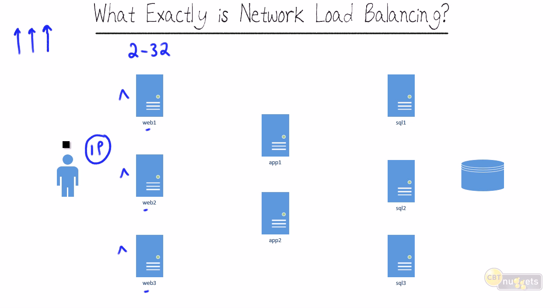So as far as our connecting users are concerned, their browsers, their DNS resolvers, and their Windows software, or for that matter, whatever their OS software, knows about only a single IP that actually is a virtual IP because it doesn't map to a physical MAC address. Each web server in your web server farm, of course, has its own static IP address and its own MAC address. We'll get to some of the specifics there a little bit later.